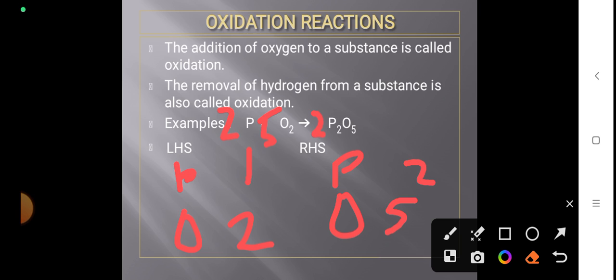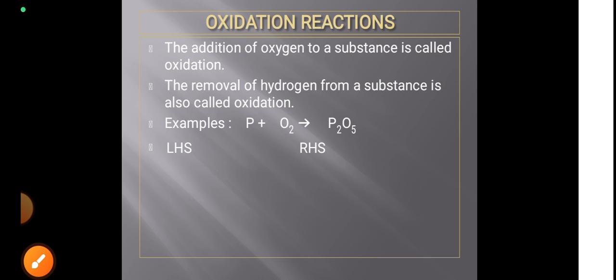Now here, since phosphorus now gets 4, please look at the product. When you look at the product, there is 10 atoms of oxygen, but there are 4 atoms of phosphorus. So that's why if I write a 4 here, now it's going to be balanced. That is 4P plus 5O2 giving rise to 2P2O5. So that is the balanced chemical equation.